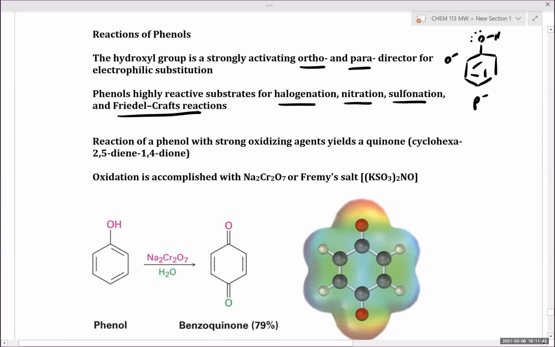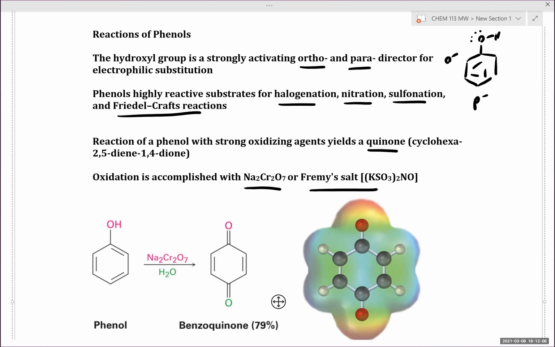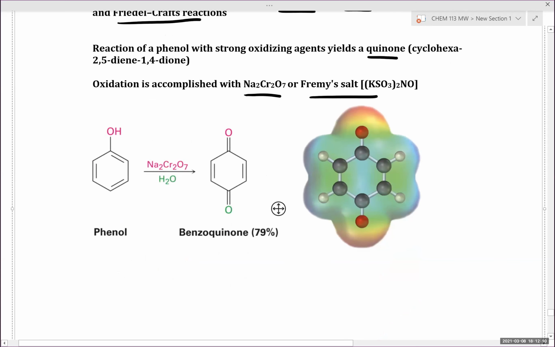An interesting, unique reaction of phenols is that they can be oxidized up to a quinone under treatment with either sodium dichromate or Fremy's salt. Now, in both cases, this allows us to generate a quinone, which can then be further reacted and further derivatized.